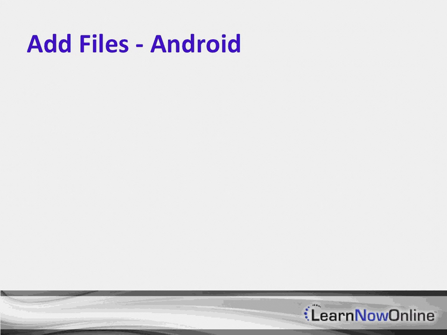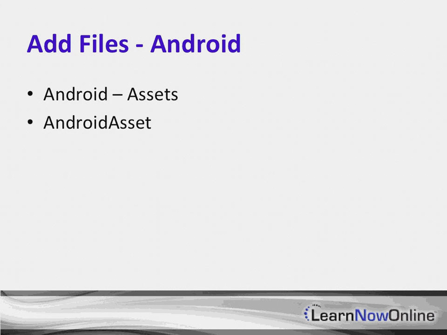Now we can also add files in Android. It's a little bit different. It's not the exact same setup, but it's pretty close. We're going to use the Android assets directory. So, very similar to our resources directory. Our build action for our content is going to be Android asset.